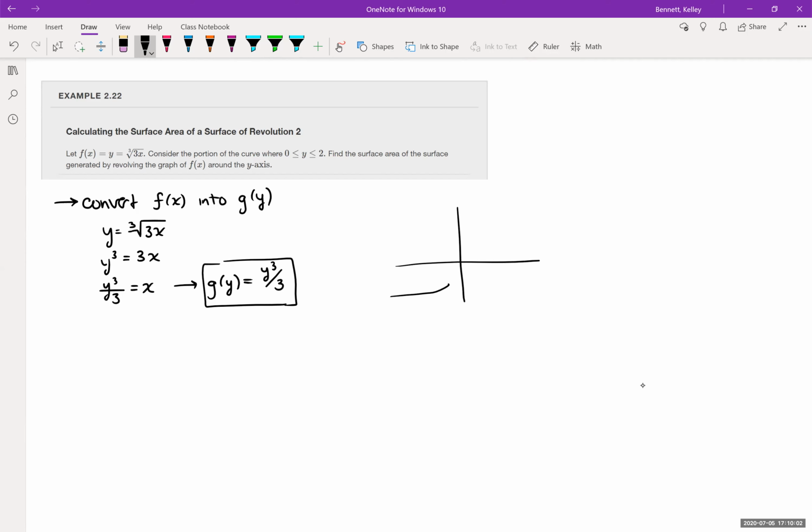Like the cubic function looks like that. So scale it as you will. Y is going to go from 0 to 2. So you look like this. So your little strips are kind of coming around this way.